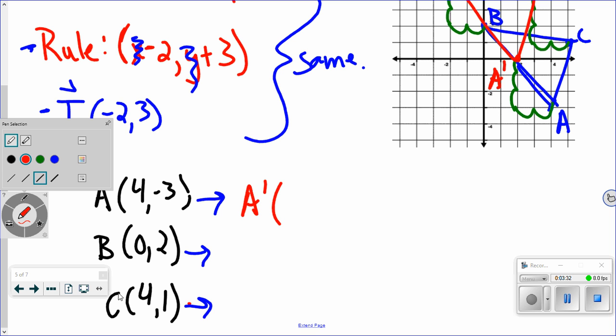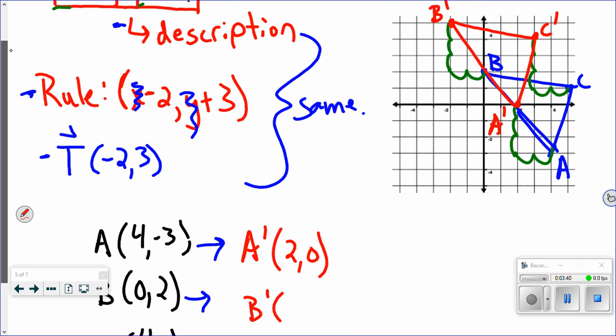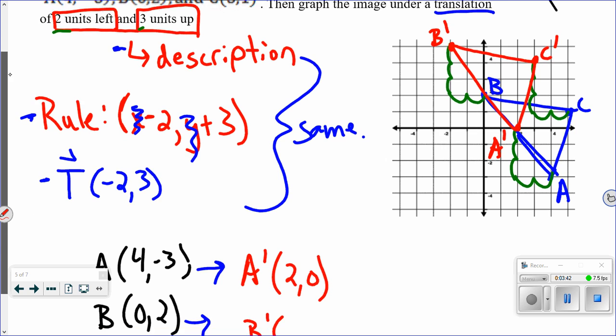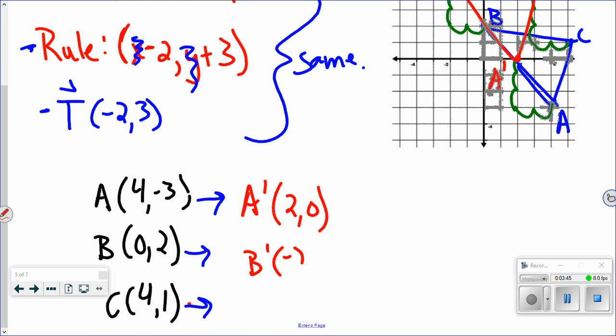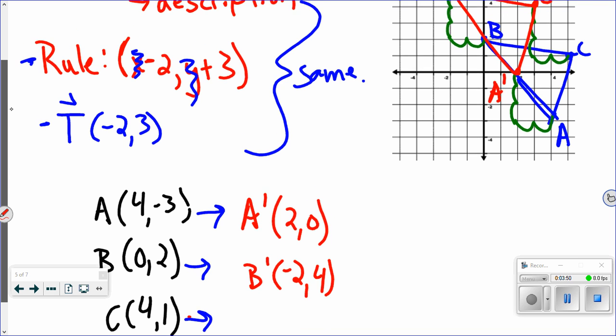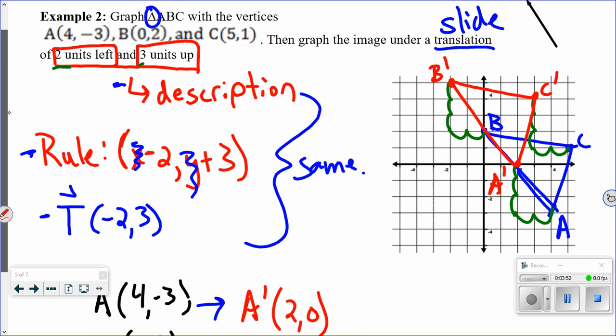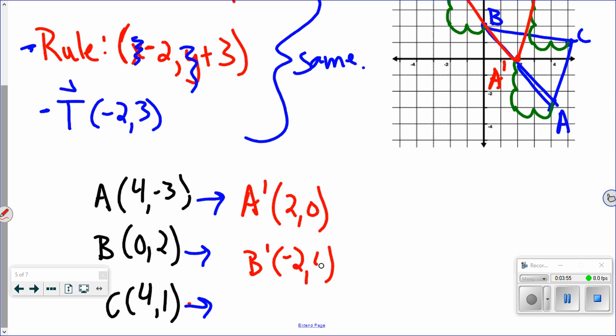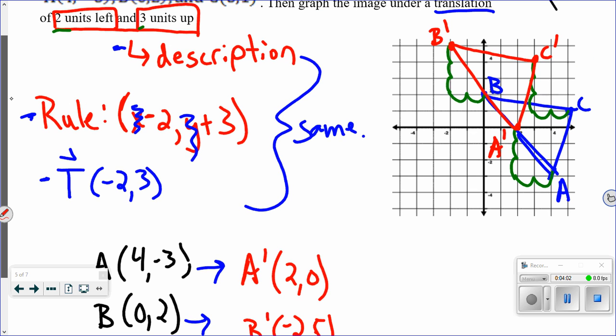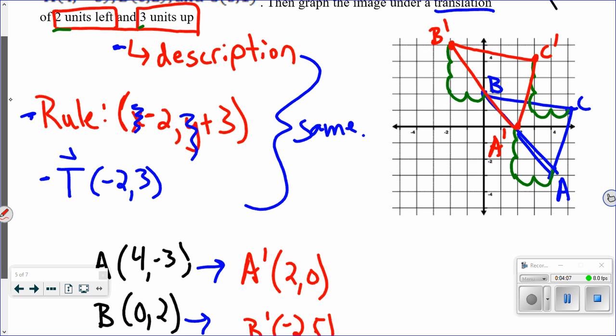A prime is 2, 0. B prime is -2, 4. Excuse me, -2, 5. And C prime is 2, 4.